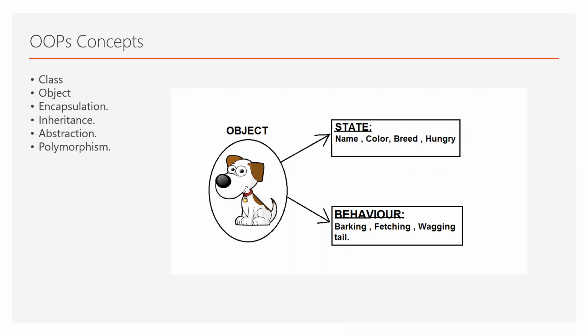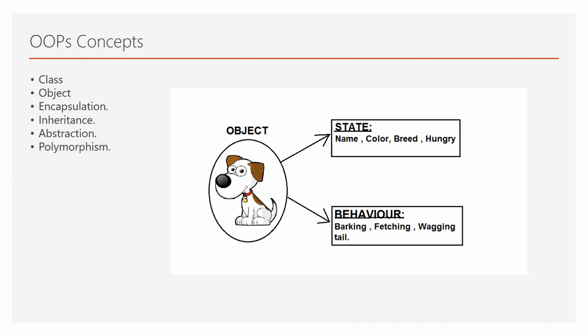What more attributes can we add to state? Can someone give me a few more attributes of state for that particular object car, apart from make and model? Lights. Okay, yes, lights can be.